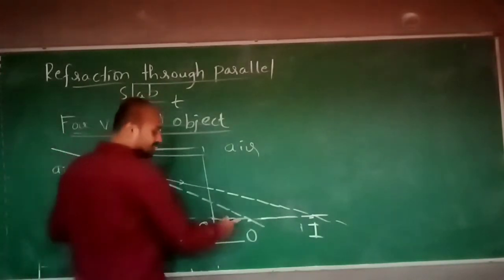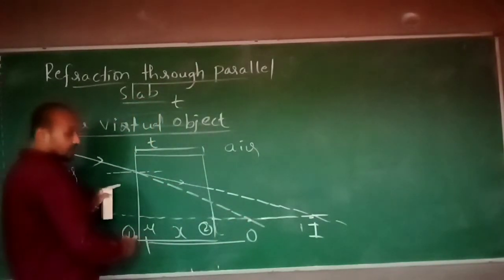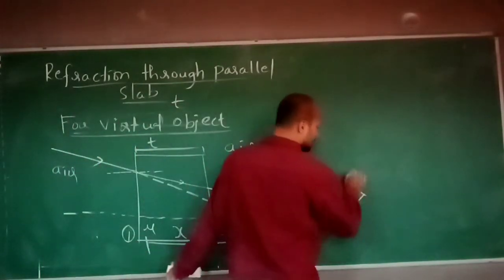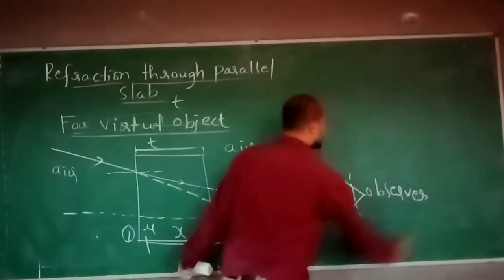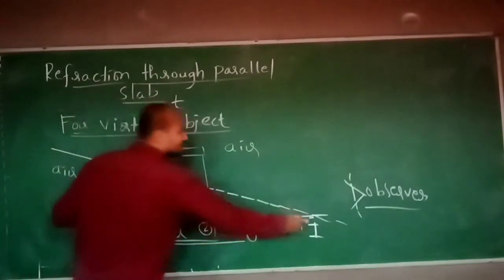The object is here from the first surface, but for this observer, this object will be looking here.